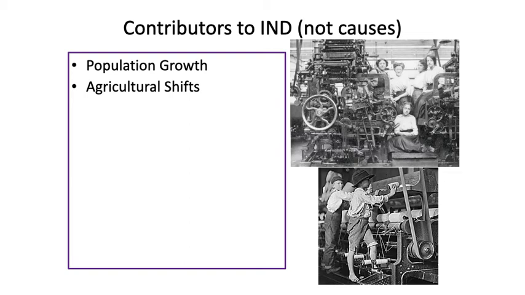Agriculturally, you do begin to see increased production in the countryside. The book tells you a little bit about the process of enclosure and new fertilizers and new crops. And if you put this all together, what you tend to see is higher yields per acre. There's more and more food being produced in the countryside.